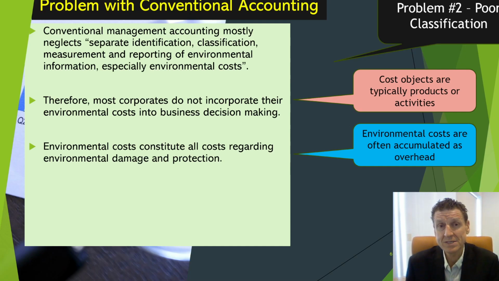And this is how we make an organization more sustainable over time, by actually focusing on all of the costs in the organization. And if we want to have a better focus, then we need to have a better classification. So that's why the second problem of conventional accounting is poor classification.